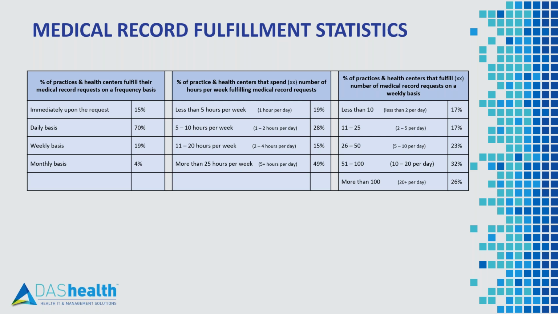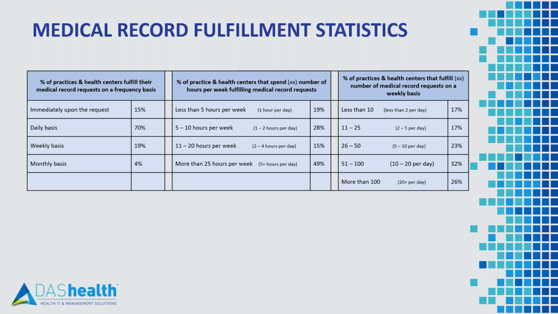The left-hand box is how frequently the organization fulfills medical record requests, and just to kind of see how you lined up on your responses. You can see how you line up with everybody else. It's a daily process for quite a few organizations, as you said it was for you. The center box refers to the number of hours the organization spends on fulfilling medical record requests.